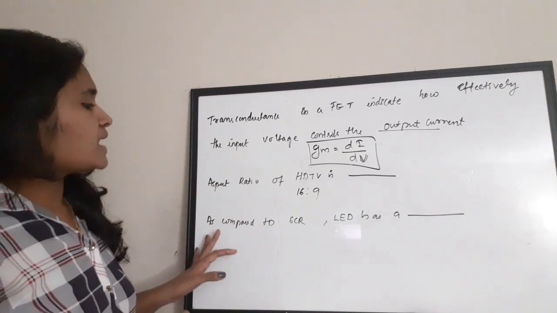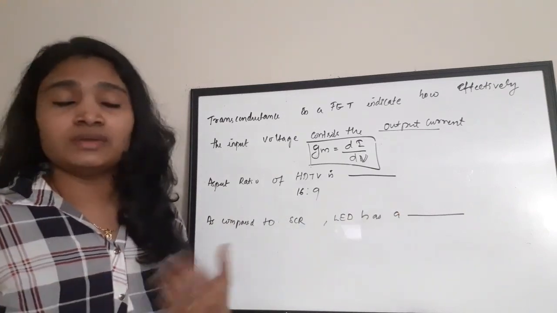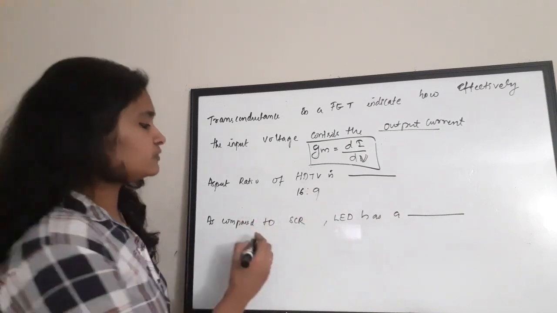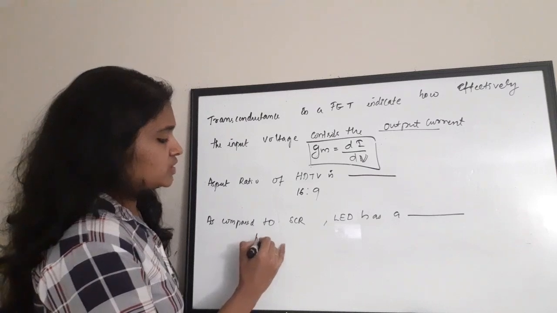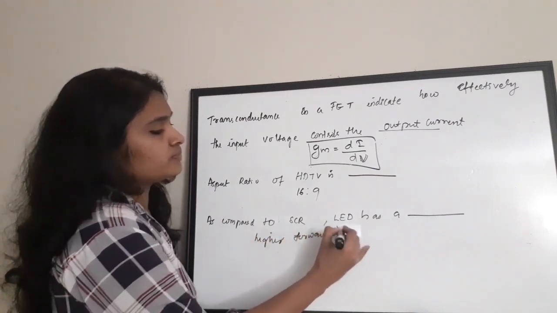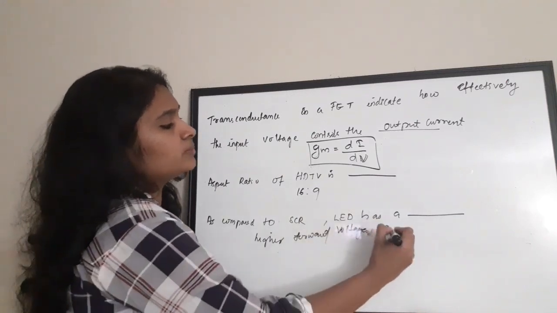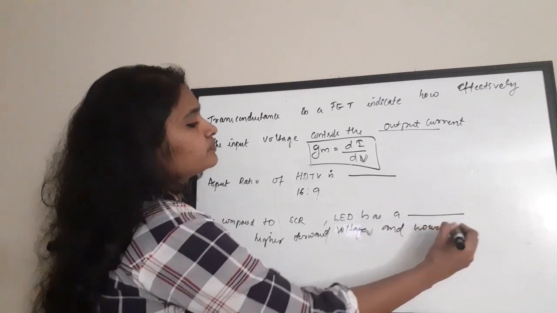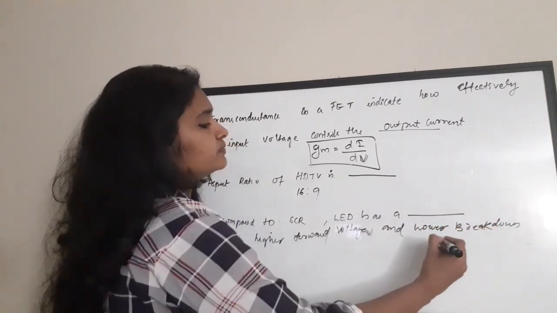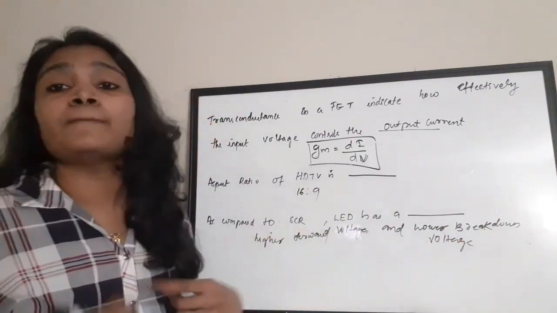Next question, as compared to SCR, LED has a dash. If you compare LED with SCR, LED has a higher forward conducting voltage and a lower breakdown voltage.